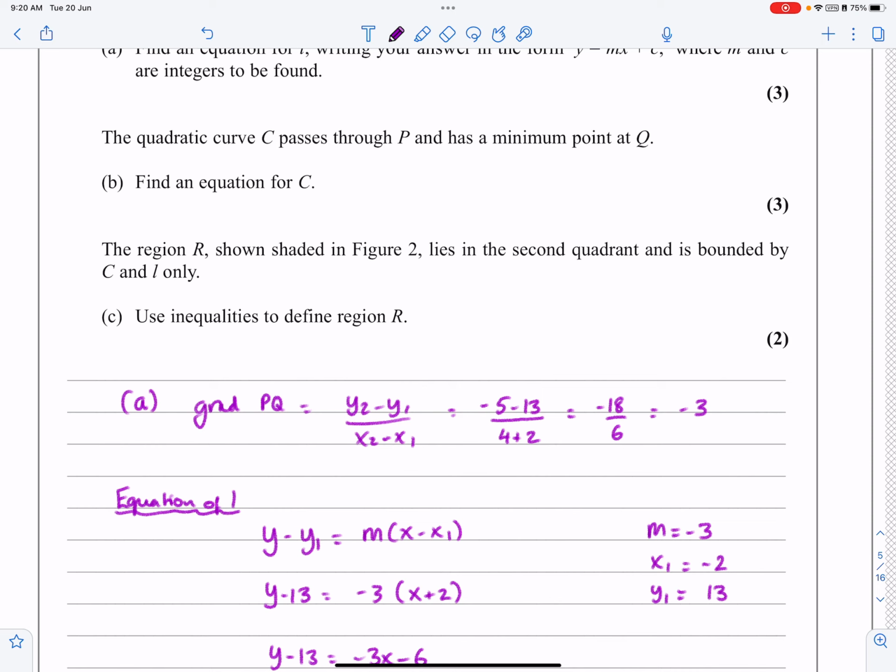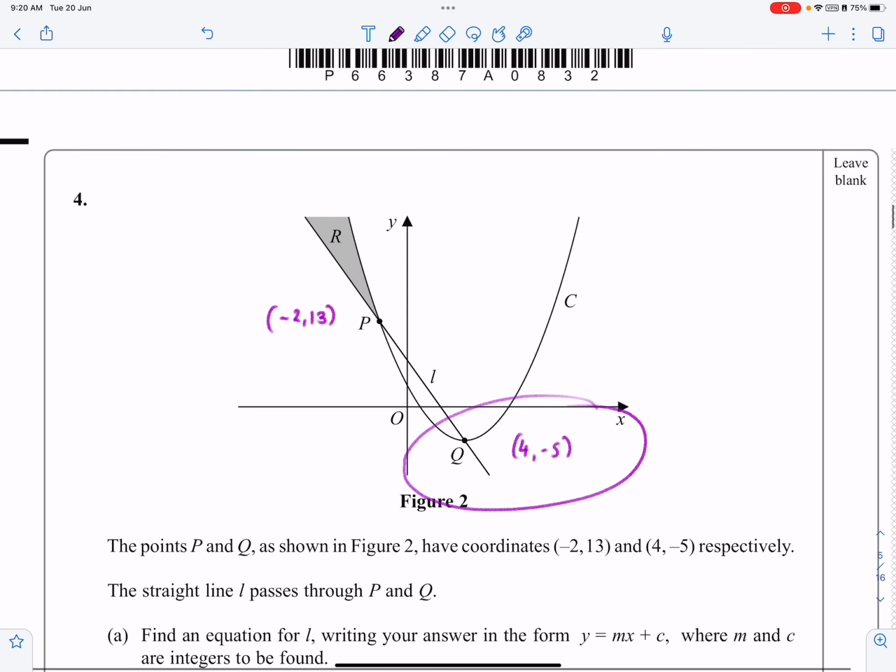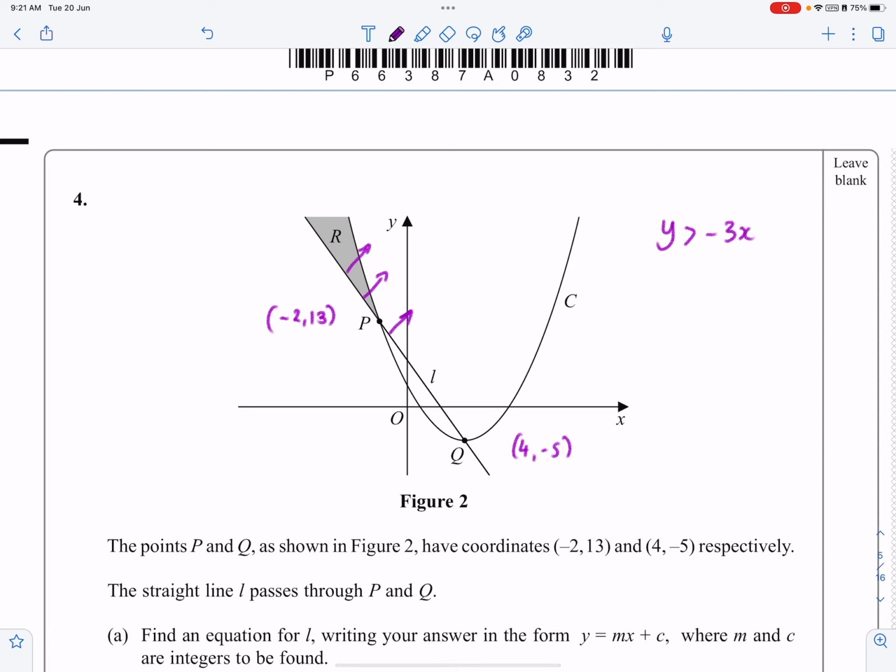Part C then says the region is bounded by the curve. Work out what that region is using inequalities. Okay, so if I'm looking at that, if I'm trying to work out what that inequality is, I can say, well, it's greater than the straight line. So y is greater than whatever we had, minus 3x plus 7 there.